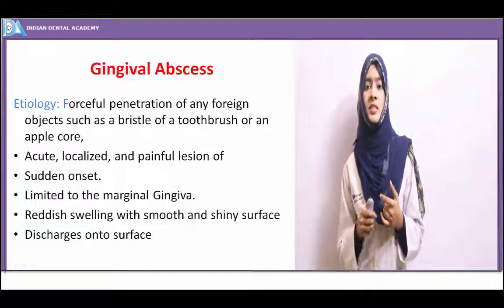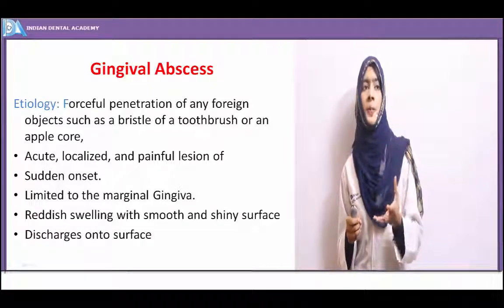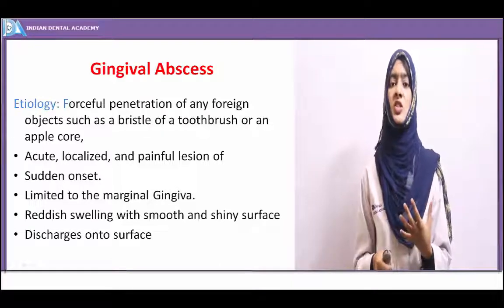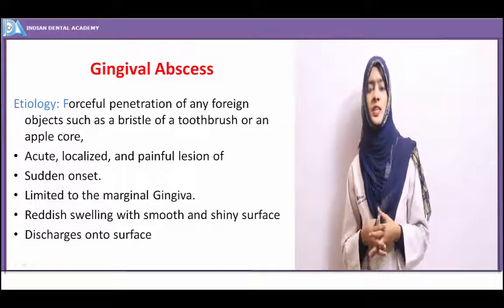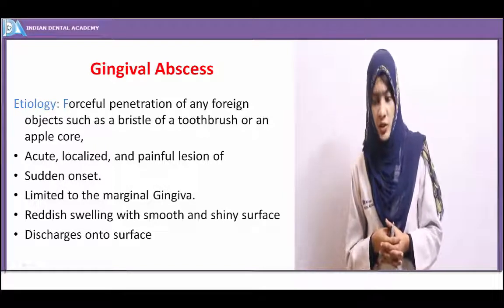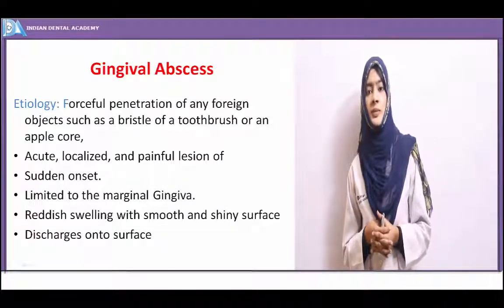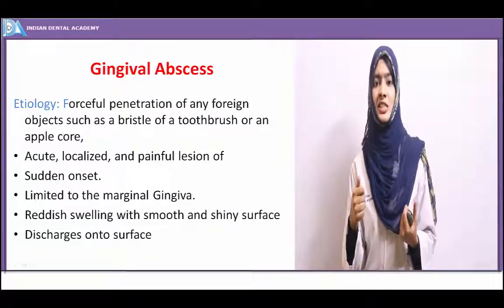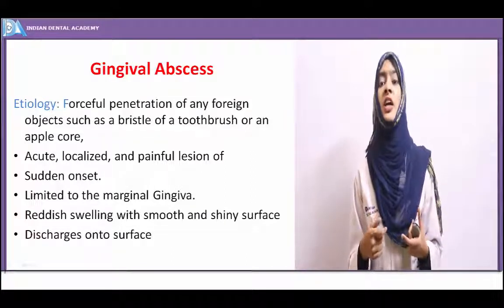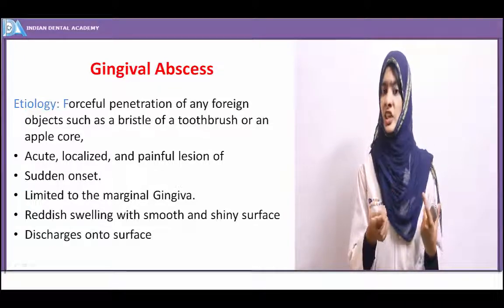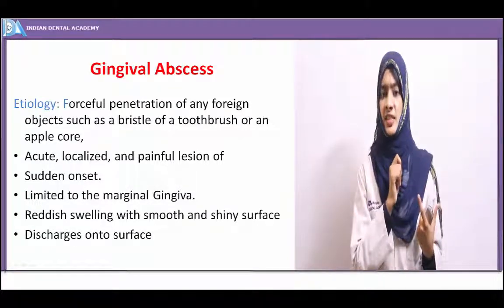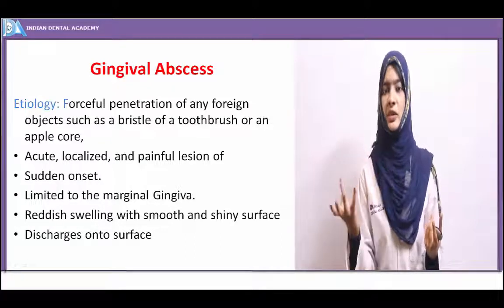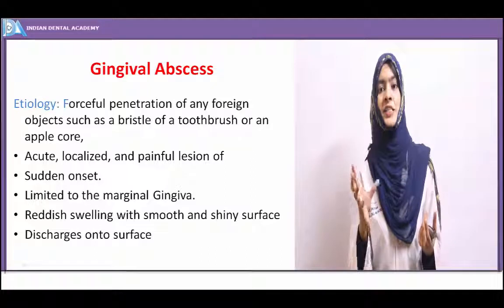Gingival abscess is nothing but an acute localized collection of pus in the gingiva. It is of acute onset and denotes the collection of pus in the gingiva. What is the etiology for gingival abscess? Sometimes during vigorous or forceful brushing, if the bristles penetrate deeper into the gingival sulcus, they cause some form of irritation, leading to the development of pus or abscess.